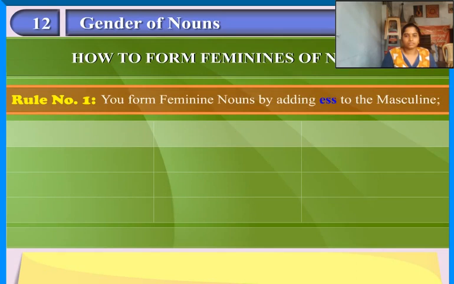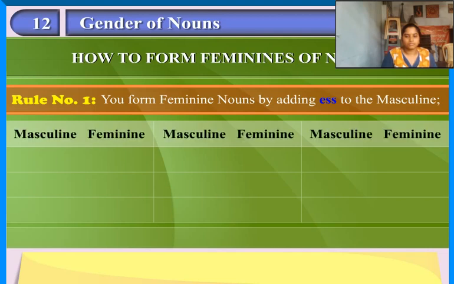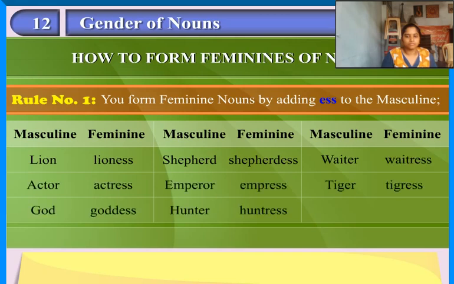You form feminine nouns by adding ESS to the masculine, as lion, lioness, shepherd, shepherdess, and so on. Remember, the feminine of hero is heroine.